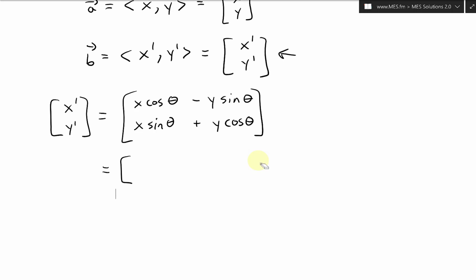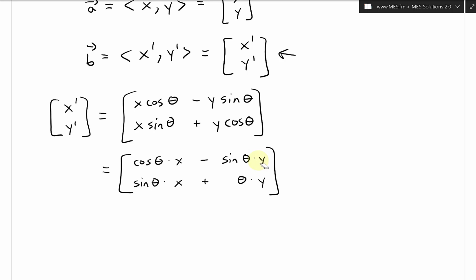So we'll write this as cosine theta times x, minus sine theta times y. And then the next one is sine theta times x plus cosine theta times y. We did that because we're going to have a bigger matrix in the front, the rotation matrix. We'll illustrate that in a bit.